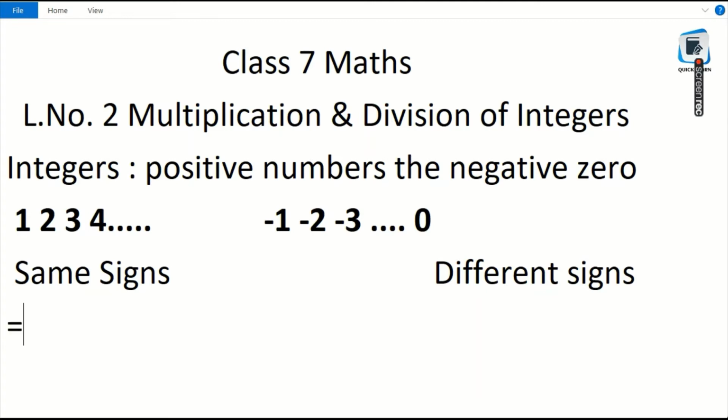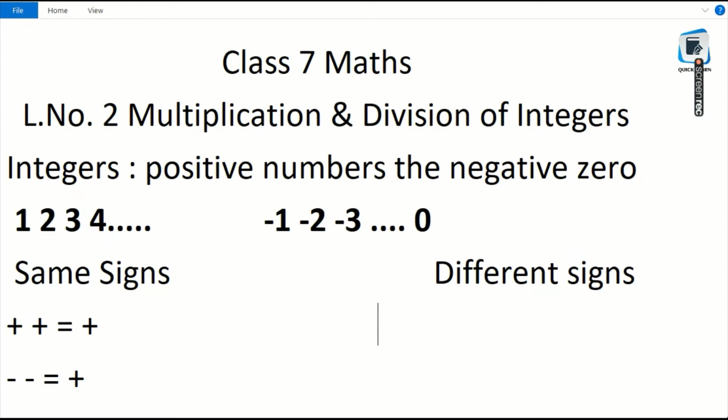If in the sum you have two plus signs, the answer will be plus. Two minus signs, the answer will be plus. See, two same signs, so the answer is positive, that is plus, and again two same signs, so the answer will be plus, positive.